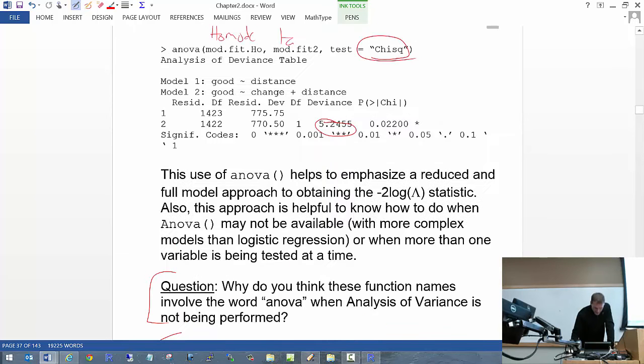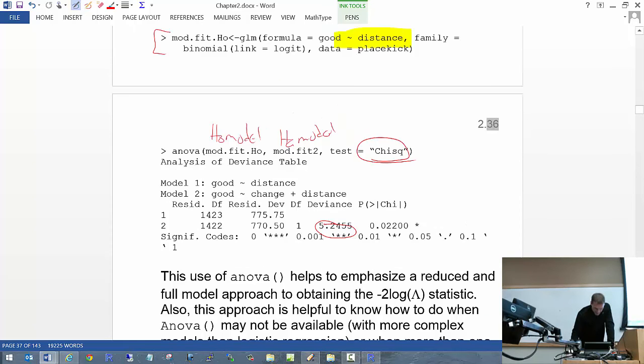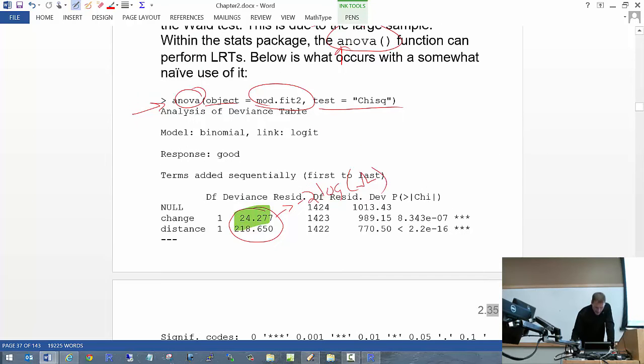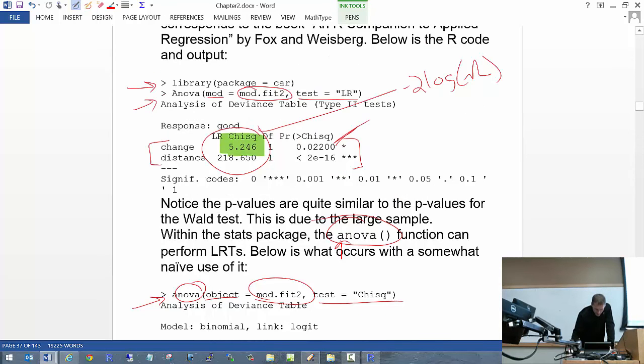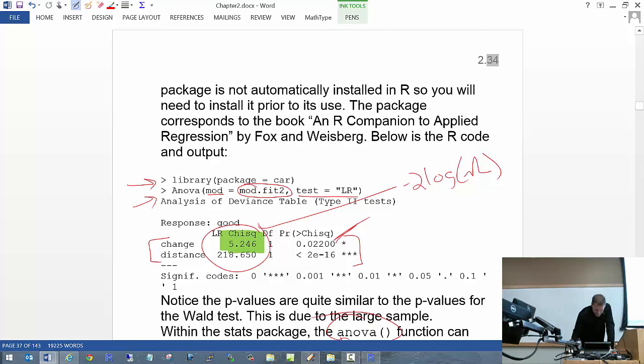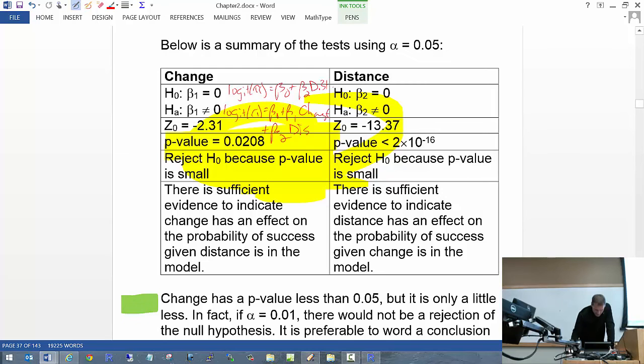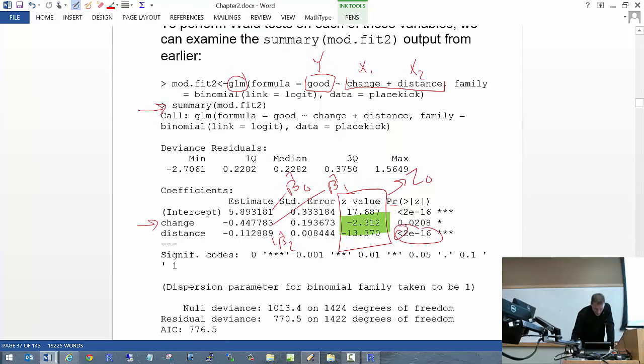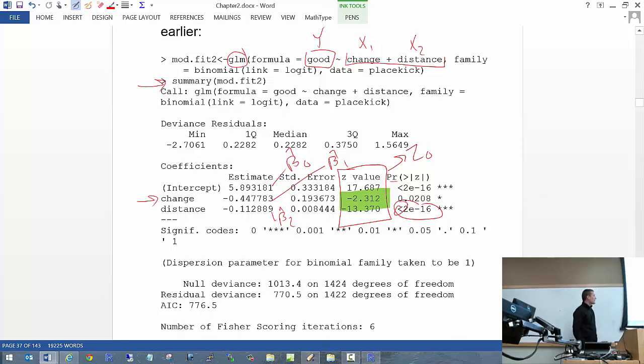Let's keep on going back here. So notice this is the, we don't want to do that little ANOVA output. There we go. So this is when we estimated the model that has change in distance in it. Notice what's shown here: null deviance, residual deviance.